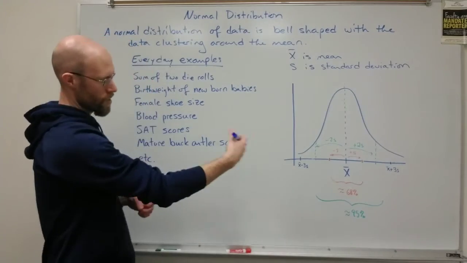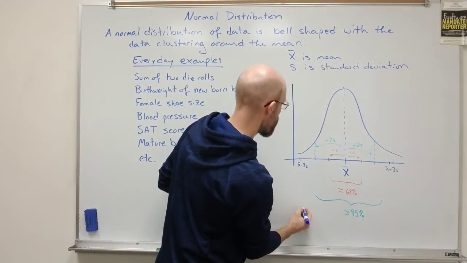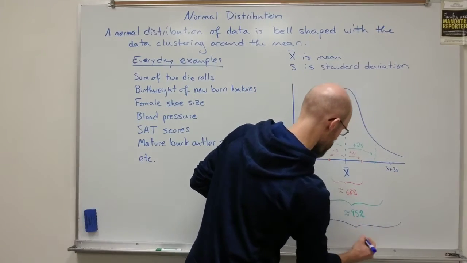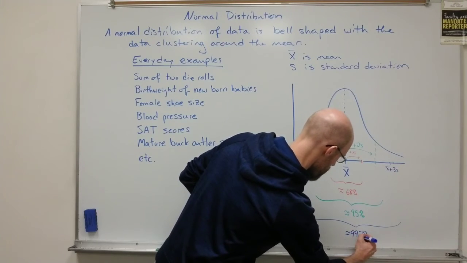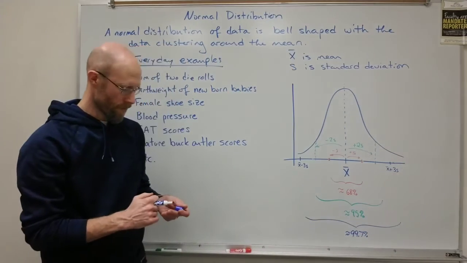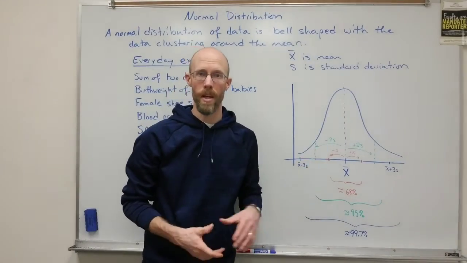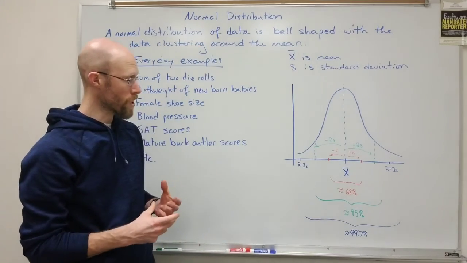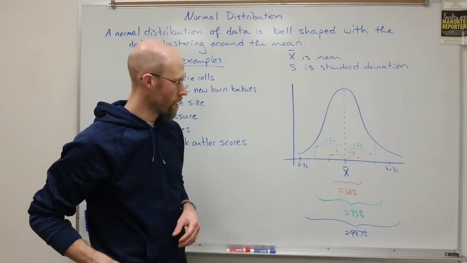So you add 3s and subtract 3s, then within that region you would have approximately 99.7% of all the data within that sample, okay?